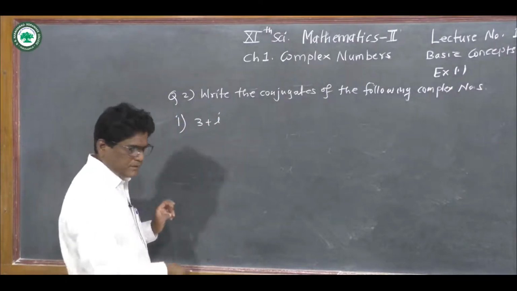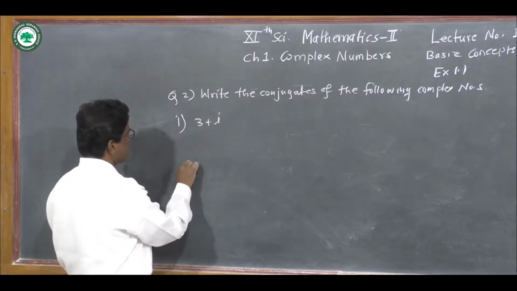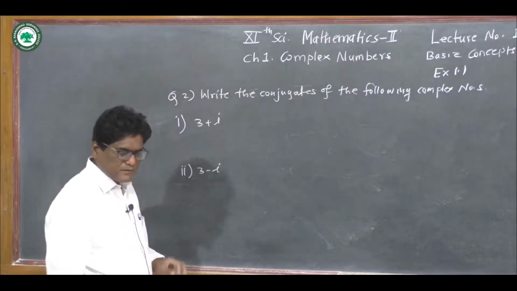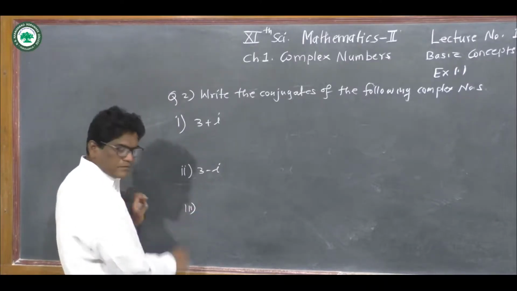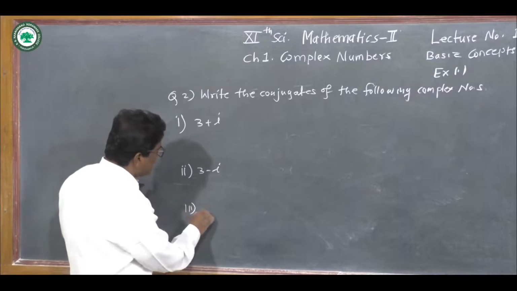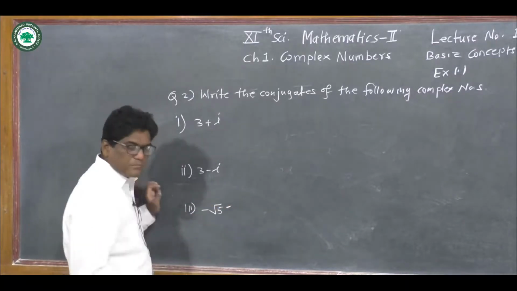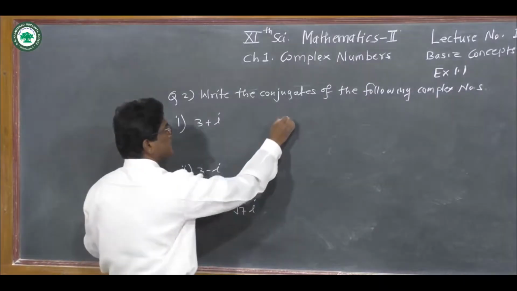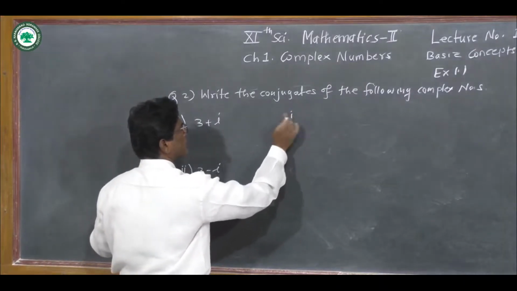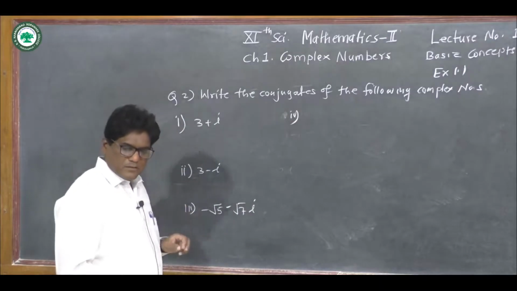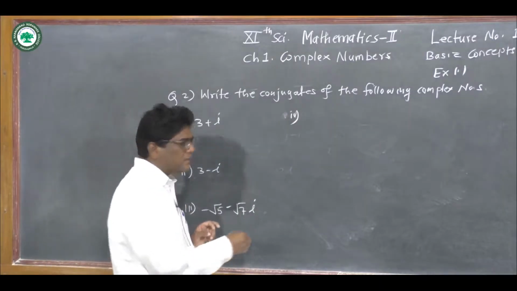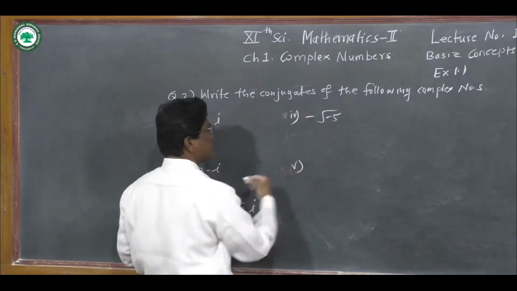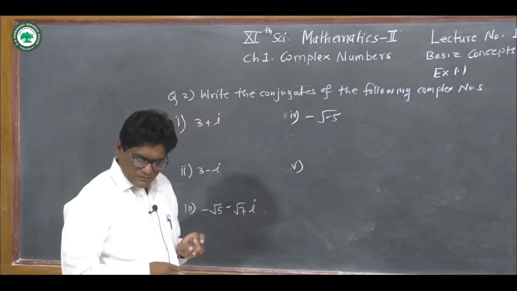Second example, 3 minus i. Third example, minus root 5 minus root 7i. Fourth example, minus root of minus 5. Then fifth example, 5i.